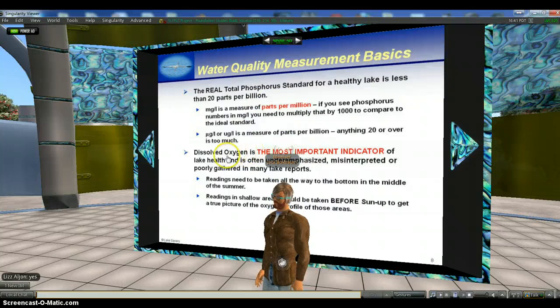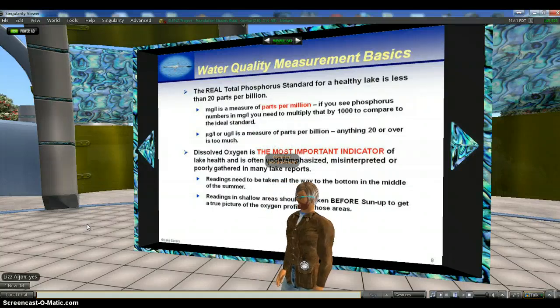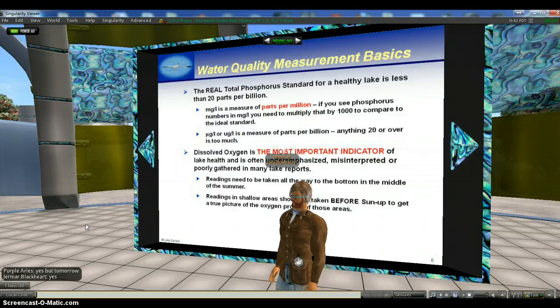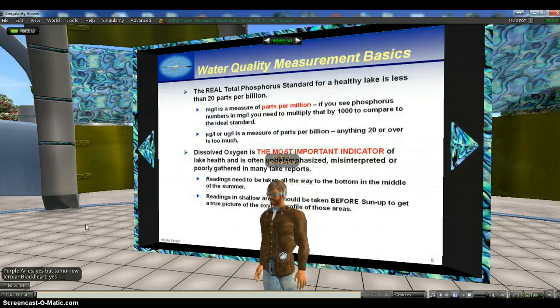And dissolved oxygen, the bullet below that. You told me that you're taking readings for dissolved oxygen and phosphorus in your local water bodies, yes? Okay. When you are taking these readings, these are the two key constituents that you need to control in order to keep a lake in balance.